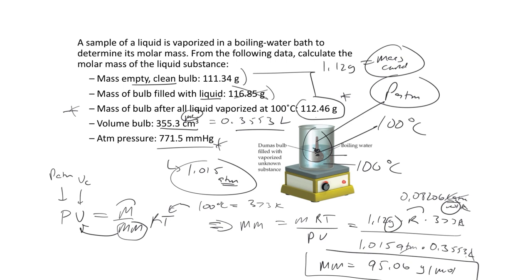Okay, so this could be like H2SO4, sulfuric acid happens to have this molar mass. So maybe this is sulfuric acid, I don't know for sure. But this could be a compound of something like that. And so this experiment is one you can do in the lab to determine molar masses of gases.